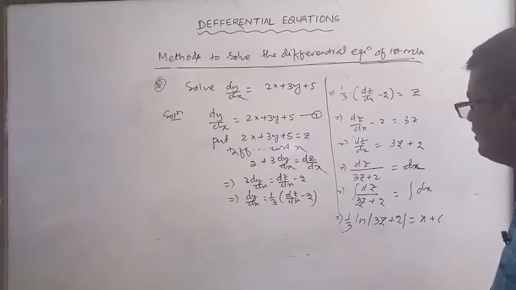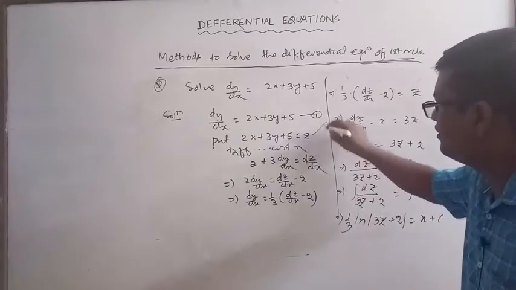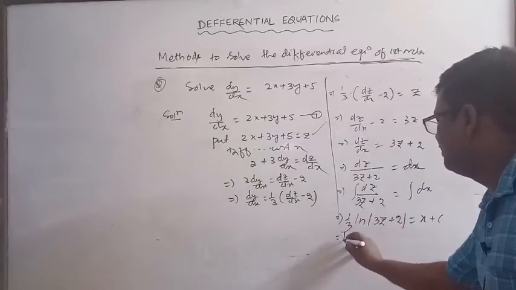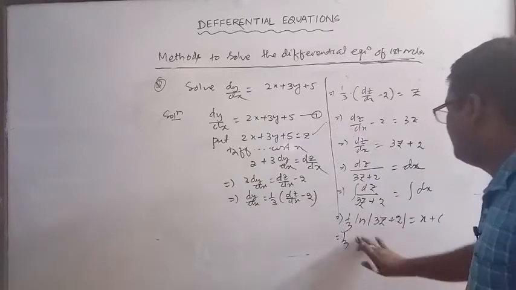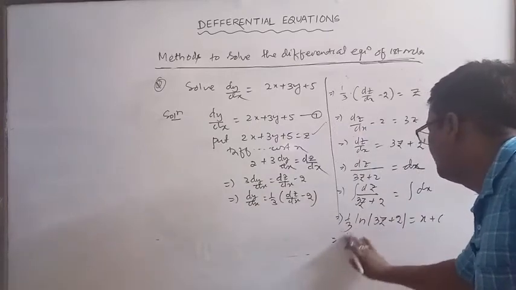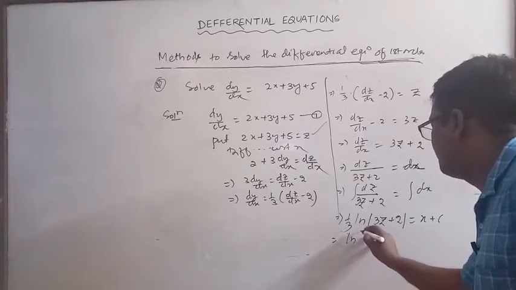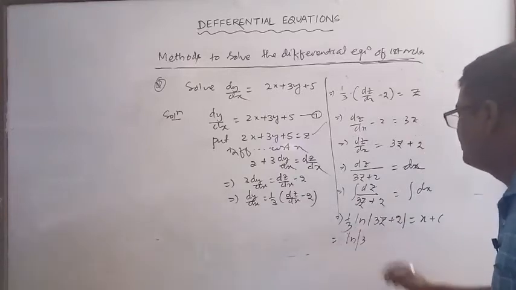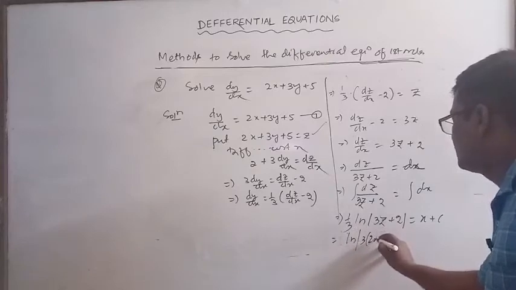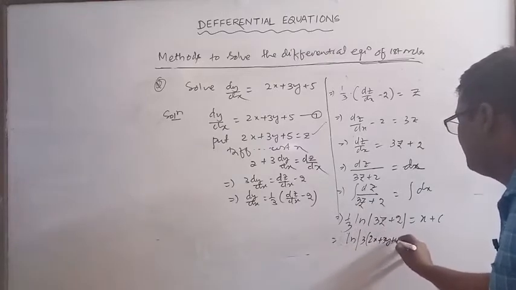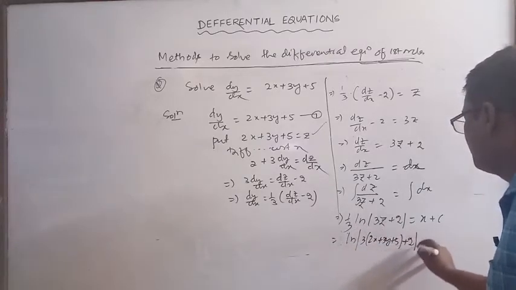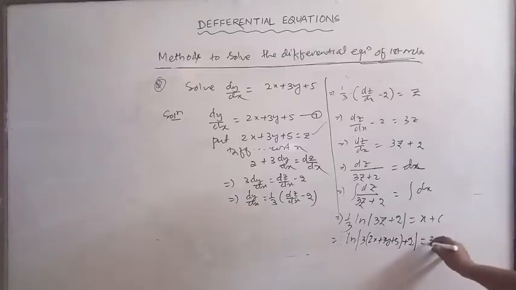What is z here? z is 2x + 3y + 5. So we can write ln|3(2x + 3y + 5) + 2| = 3x + 3C, with another constant capital C, suppose.